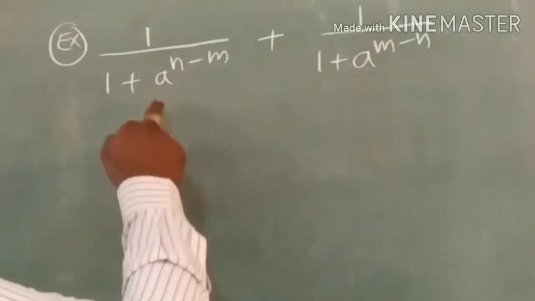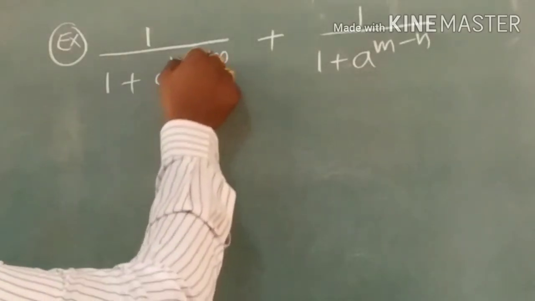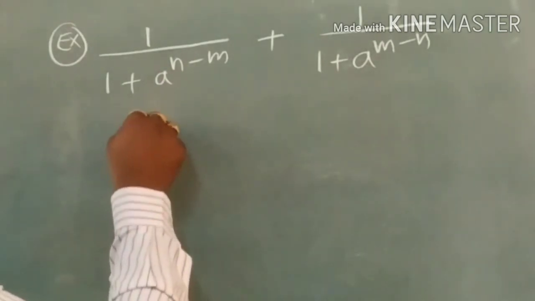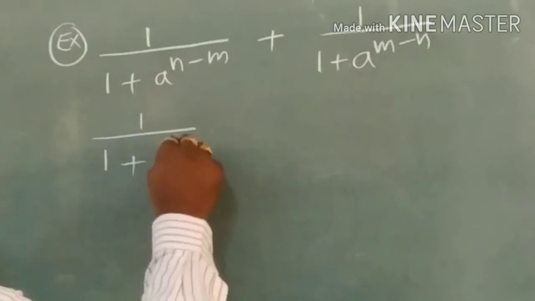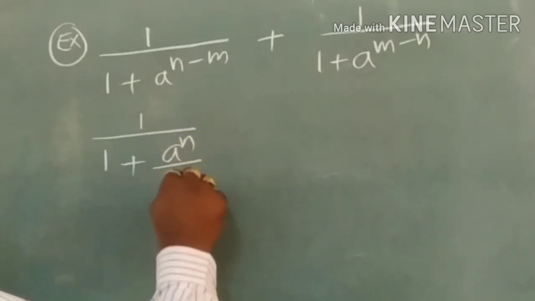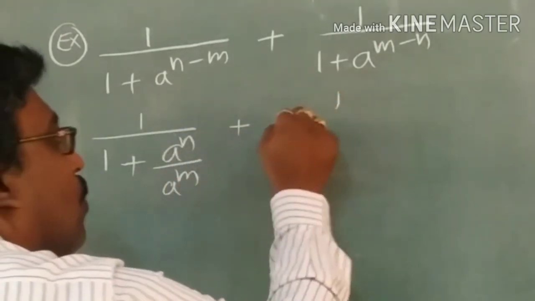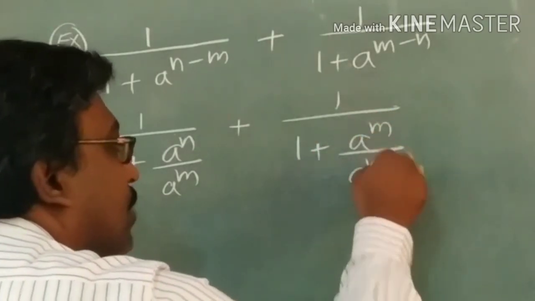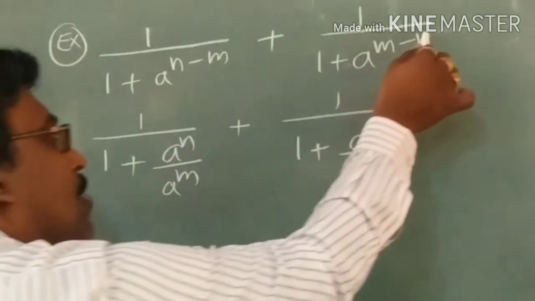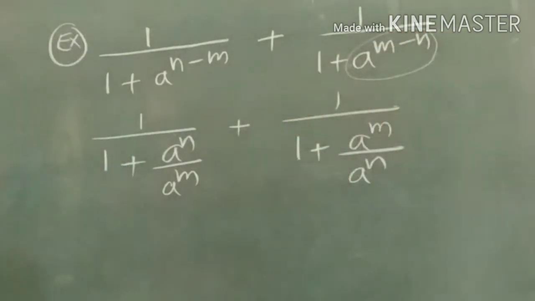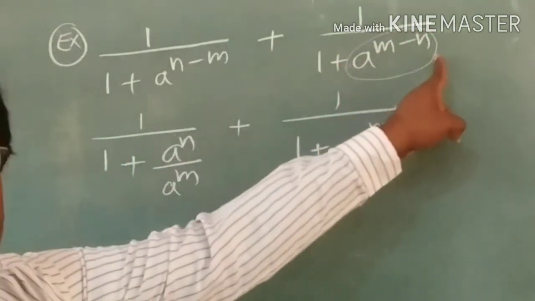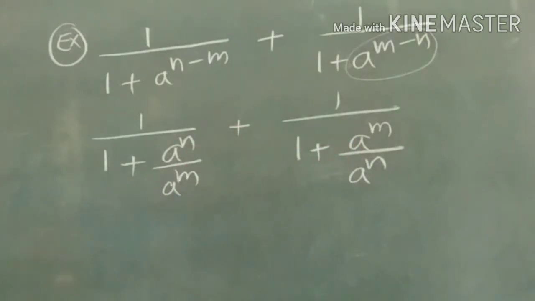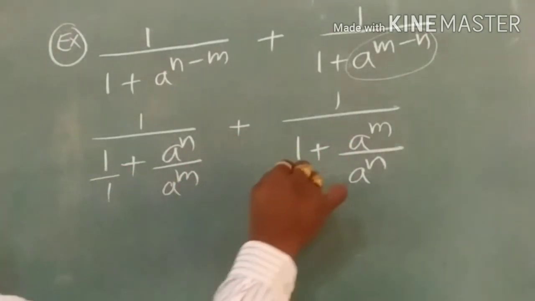Okay. Now, a to the power of m minus n. We have a formula: a power m minus n is a power m by a power n. Now, here it is a fraction and 1 is there.